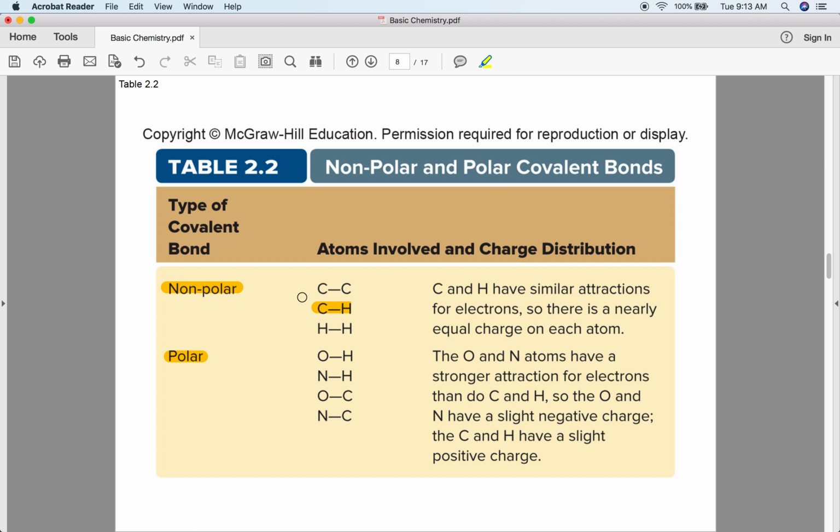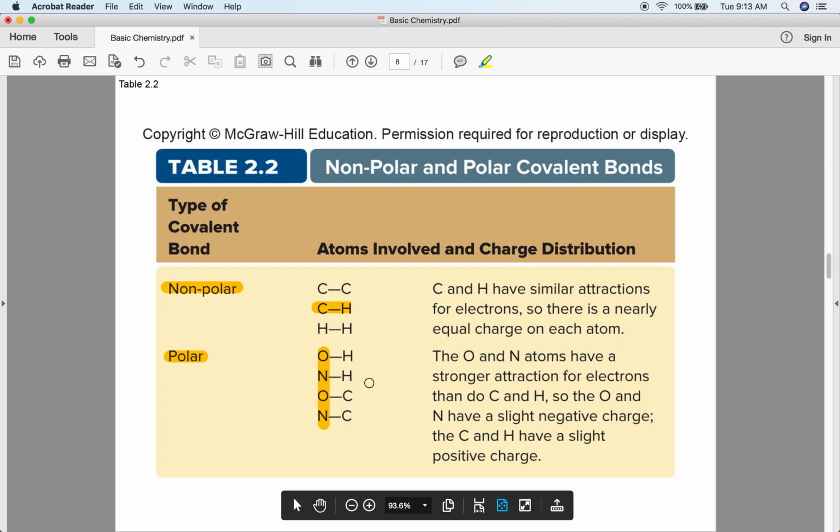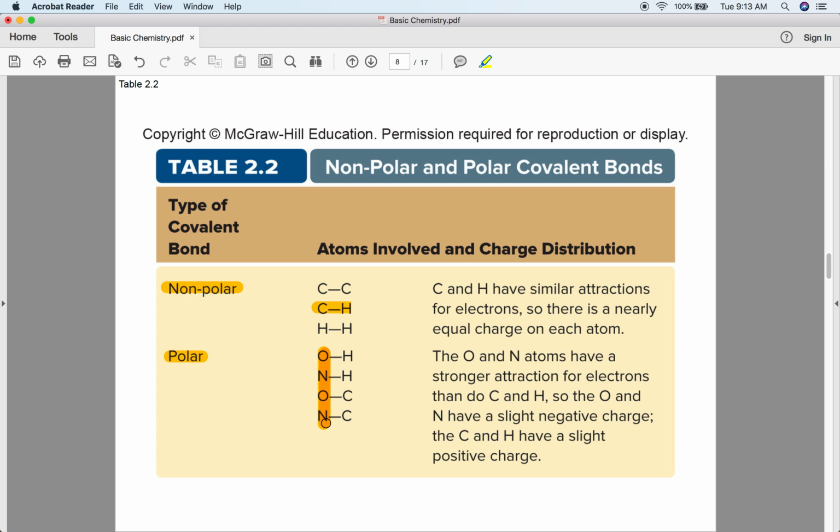In contrast, if we have a highly electronegative atom, such as oxygen or nitrogen, and something with less electronegativity, like our hydrogen or carbon over here on the right, we get a polar covalent bond. That's because the electrons will spend more time around these atoms and less time over here.